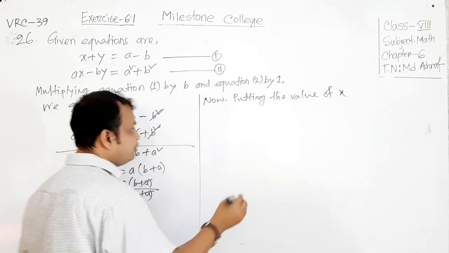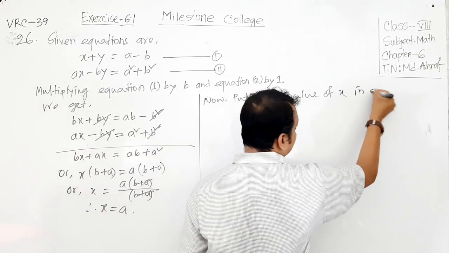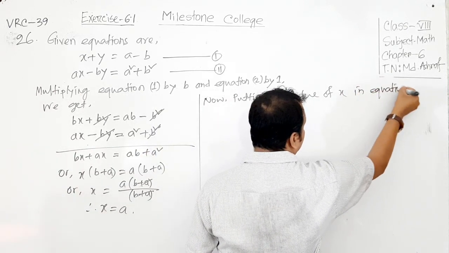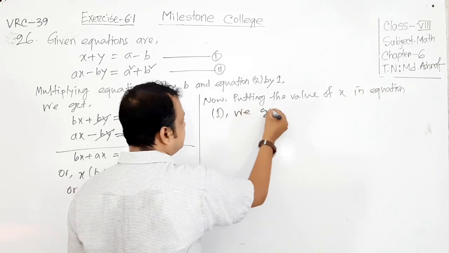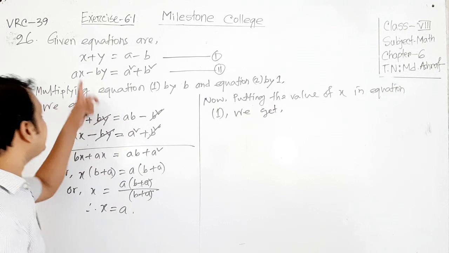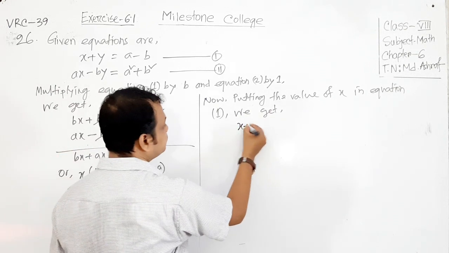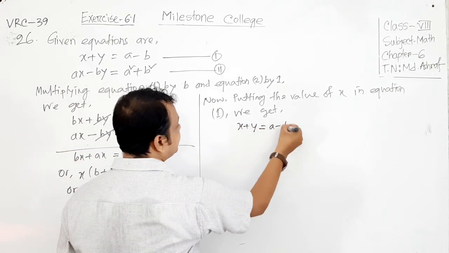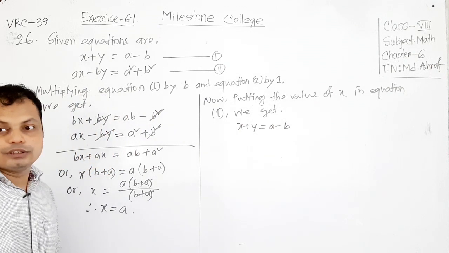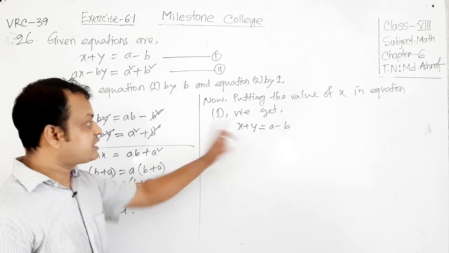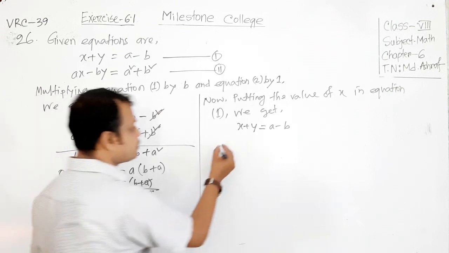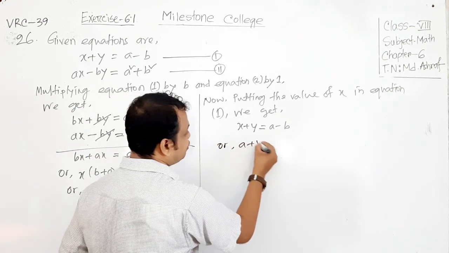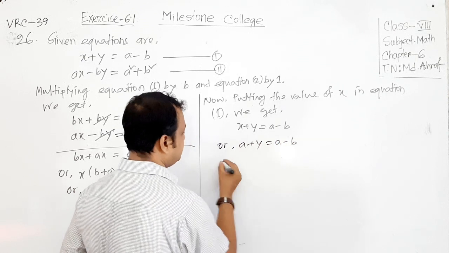Write the equation 1: x plus y equals a minus b. So this is equation 1. Now instead of x we will put a. So how do we get? a plus y equals a minus b.